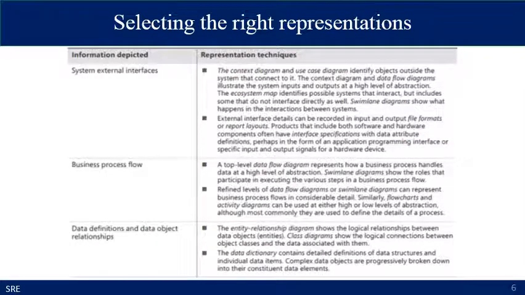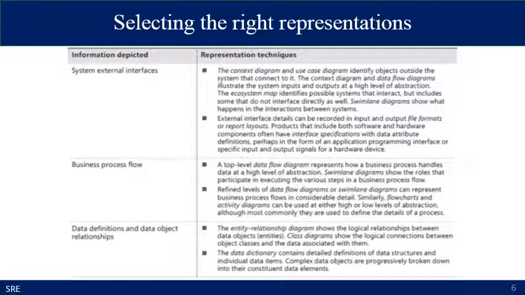So you have to select the right representation for the elicitation of the requirements so that all the stakeholders agree to the specifications. If you are going to represent a system's external interfaces, the context diagram and the use case diagram are cardinal indicators to help you identify objects outside the system that connect to it. The context diagram and the data flow diagram illustrate the system inputs and outputs at a high level of abstraction.